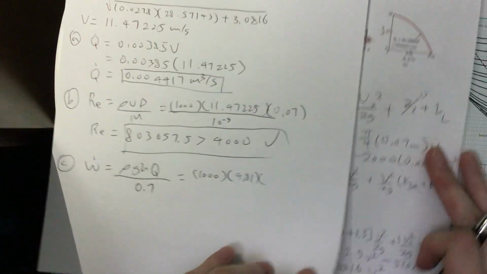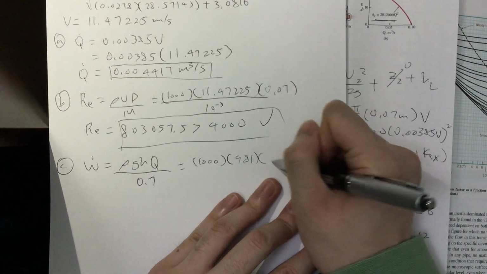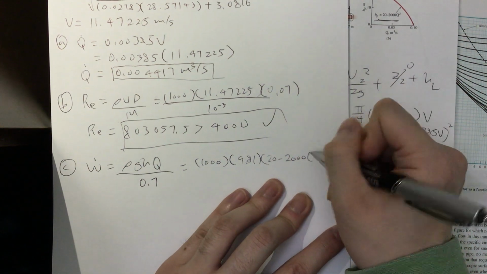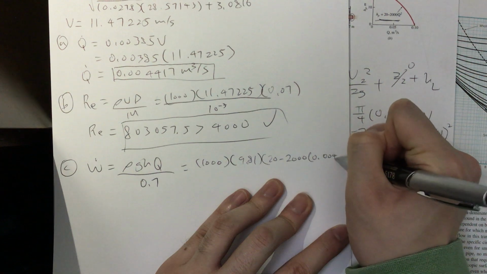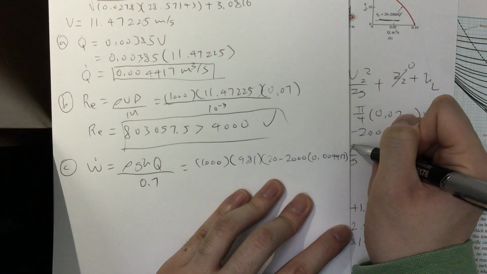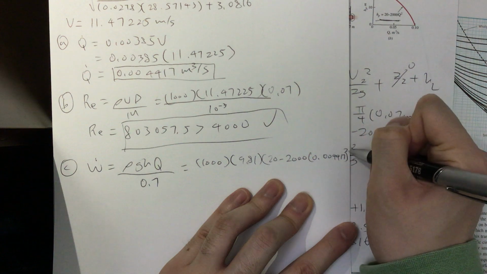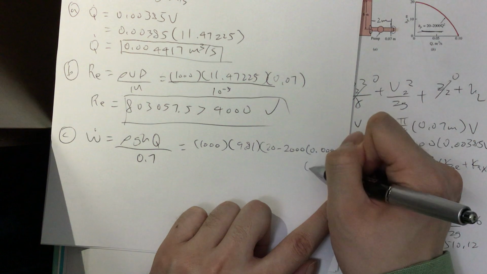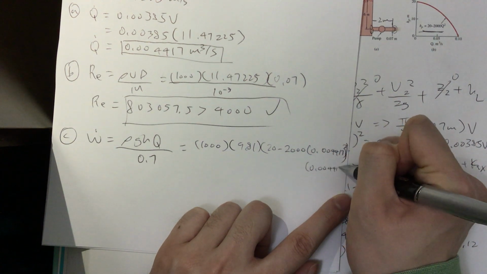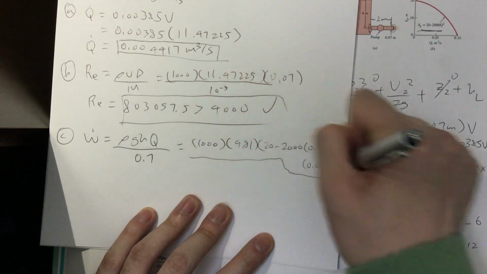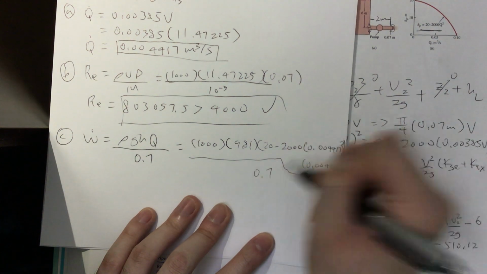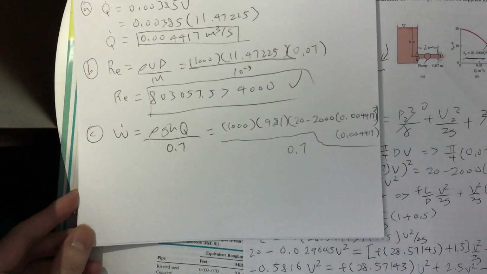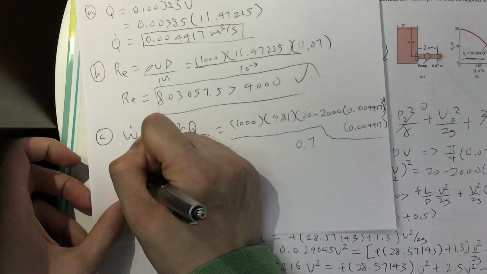Perfect. Okay. So 20 minus 2,000 times Q, 0.004417 squared, parentheses, another Q on the outside, 0.004417 all over 70% efficiency, 0.7, and we're gonna get our power in watts, which we're gonna convert to kilowatts.